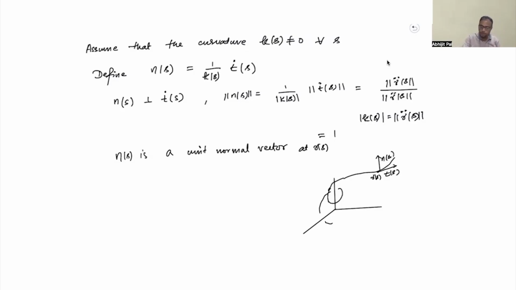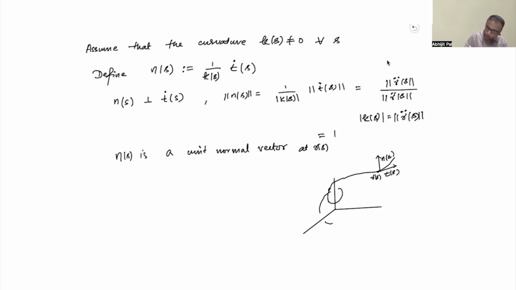So this is my definition of Ns. Note that there are several unit vectors which are orthogonal to the tangent vector, but we'll particularly take Ns to be equal to 1 by ks times T dot s. This is my definition of the unit normal vector.